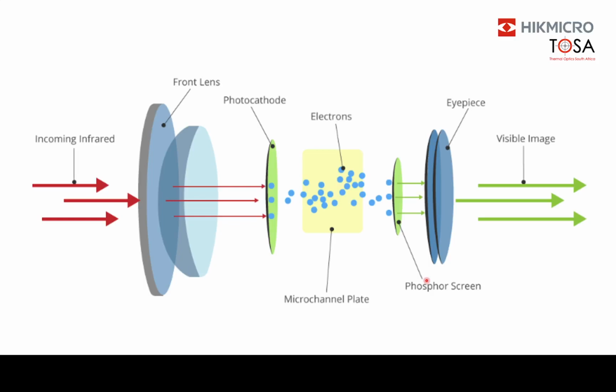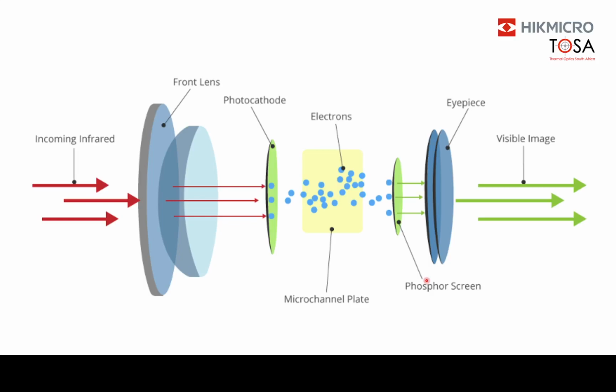One of the properties of germanium, when you create a germanium lens, is that it blocks out visible light, and it only allows the longer wavelengths of the infrared light to penetrate the lens.